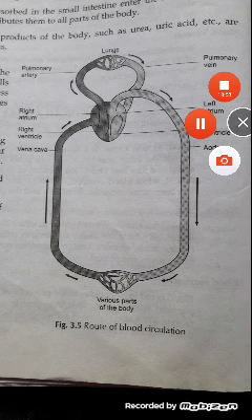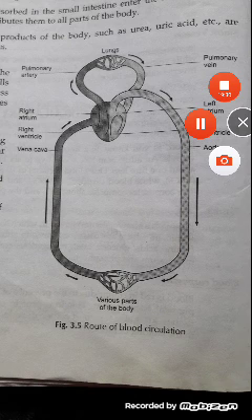Okay, so this is about the route, the very path through which the blood is circulating throughout our body, including our heart also. So, dear students, up to now we have discussed the structure of the heart. Today we have discussed the functions of the blood.